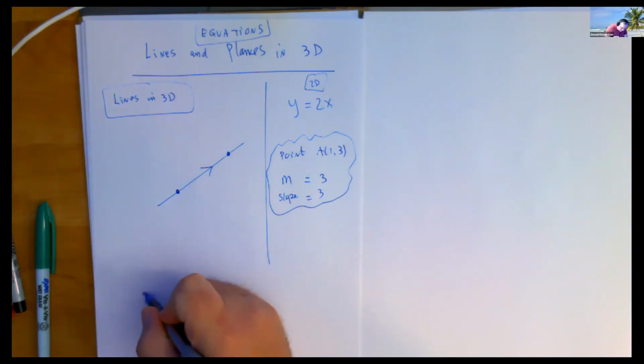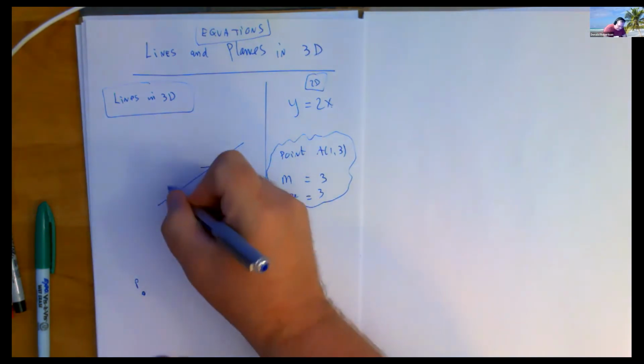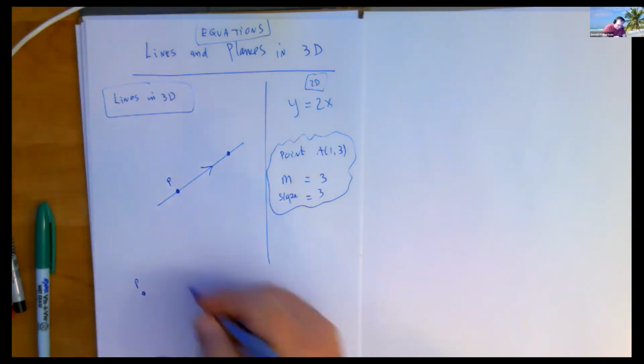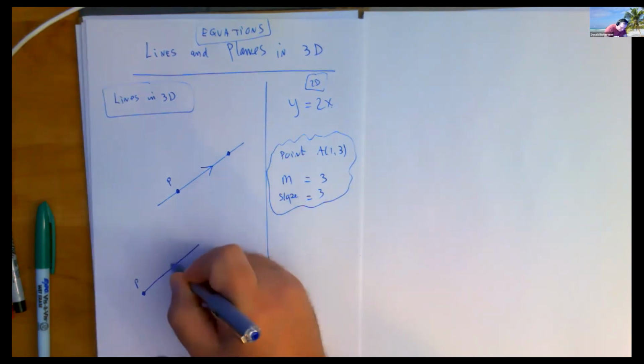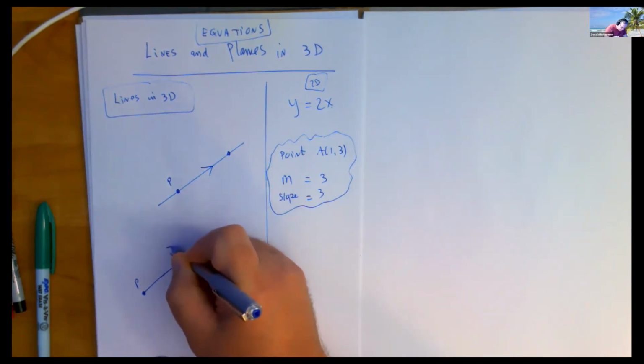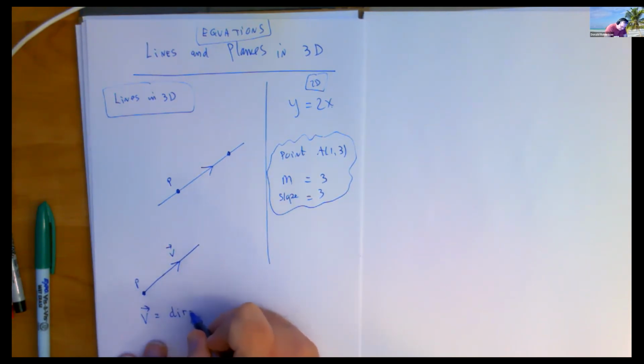So how are we going to do that same thing in the 3D world? Find one point on the line. Let's call it that guy. Now, we have a bit of a problem with slope. You don't have slope in 3D world. What you have instead is a vector called the direction vector.